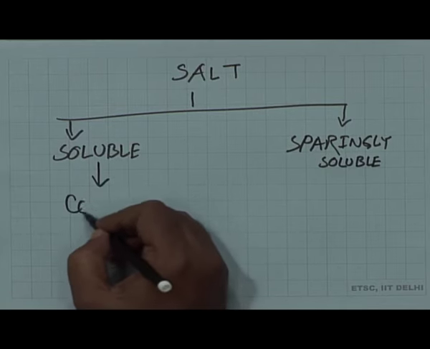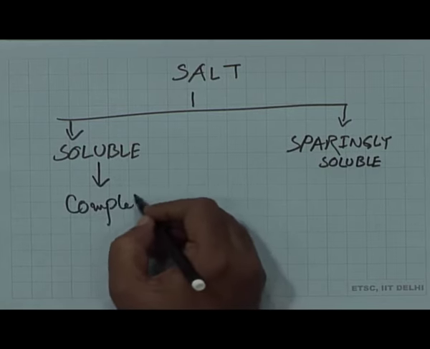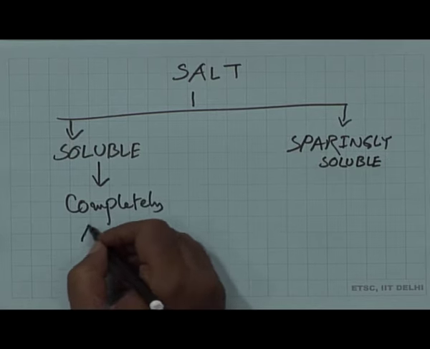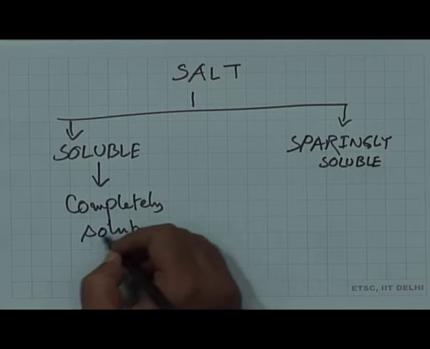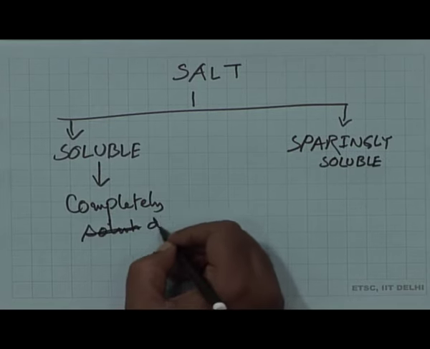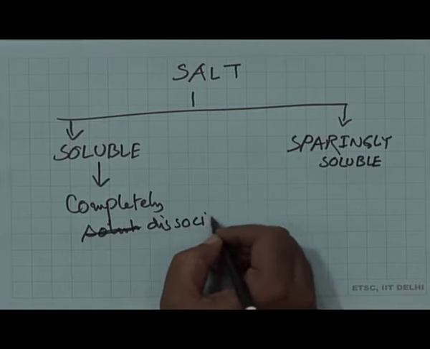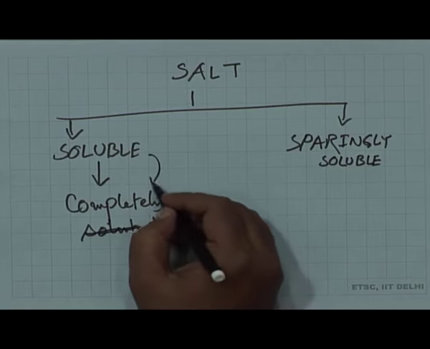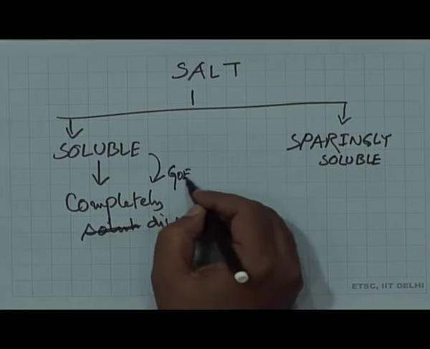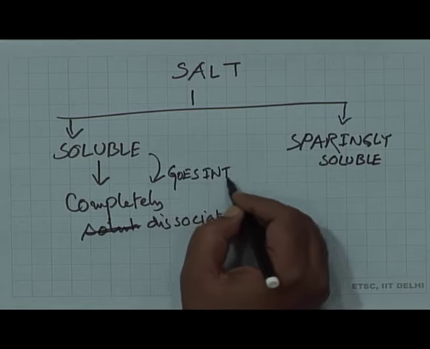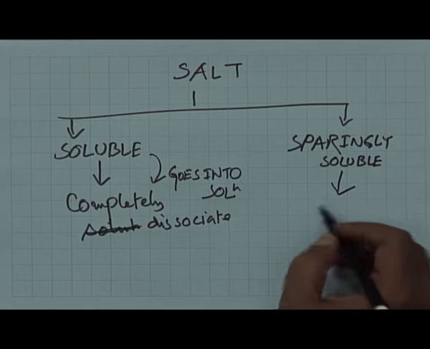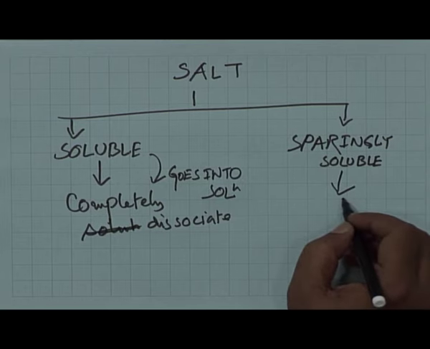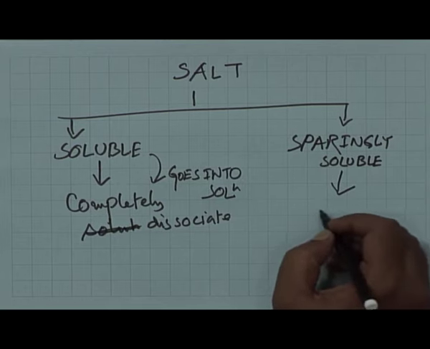Soluble will completely dissociate in the solution, completely go into the solution, whereas sparingly soluble, a small amount goes and then dissociates.